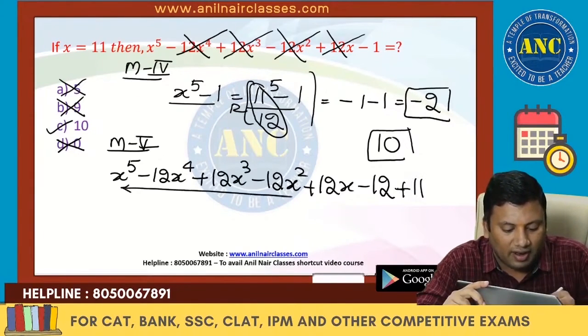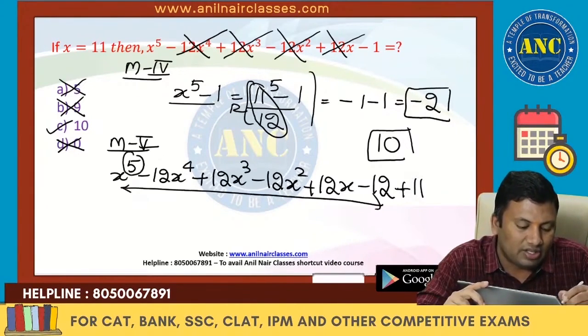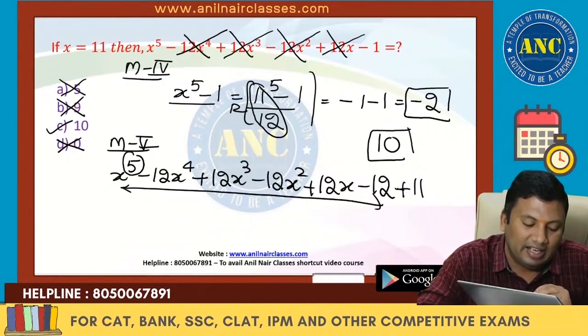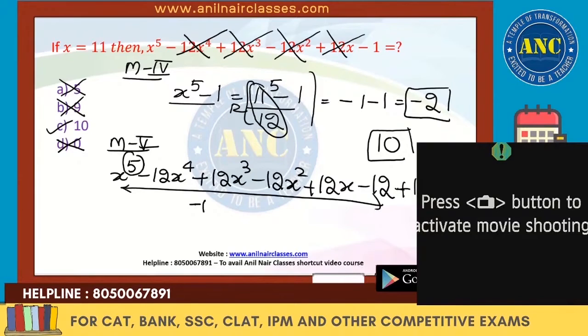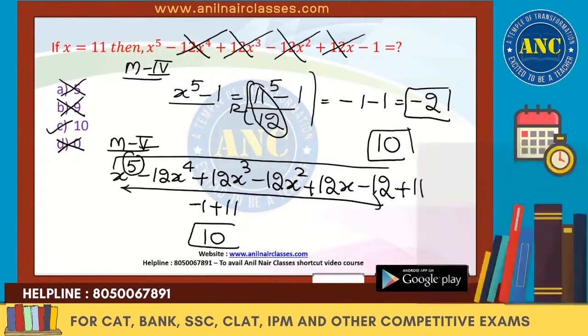If the degree of the equation is 5 and the degree is decreasing by 1, with coefficients k plus 1, then this entire value is nothing but minus 1. 11 minus 1, the answer is nothing but 10.